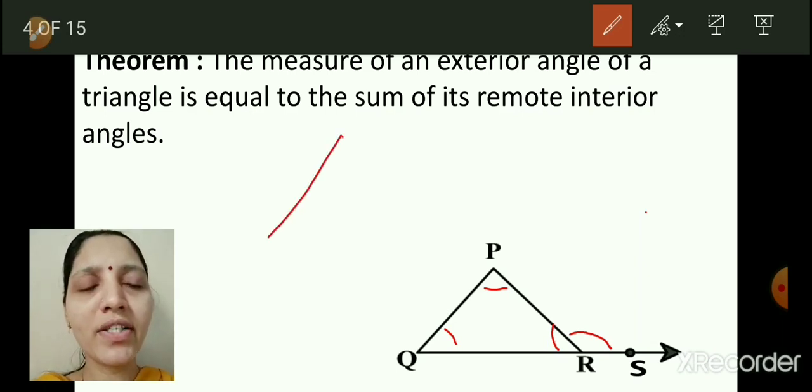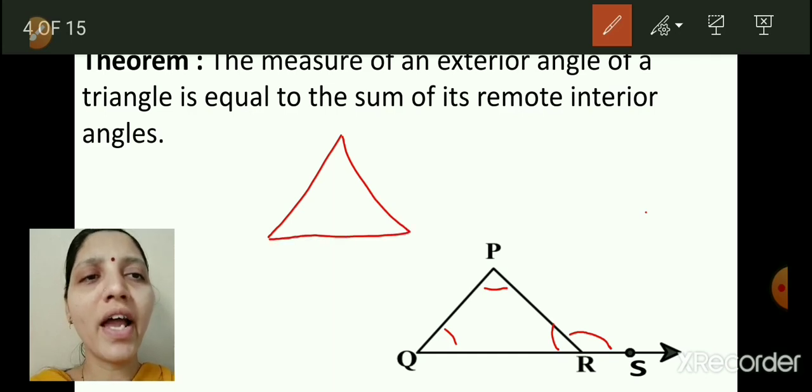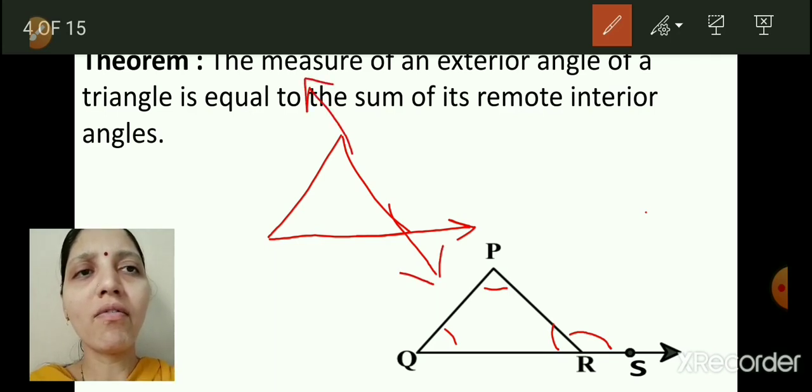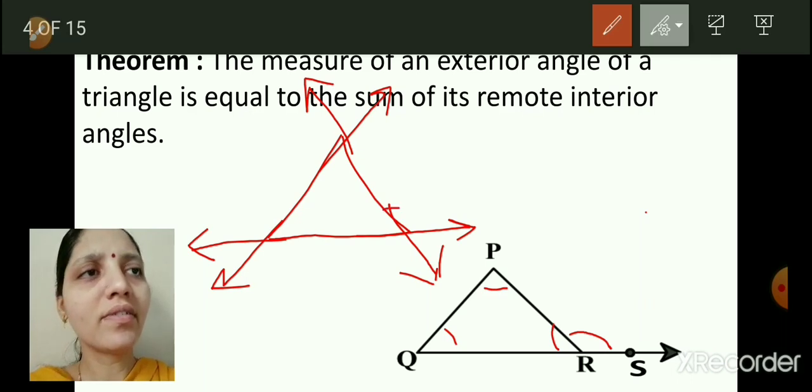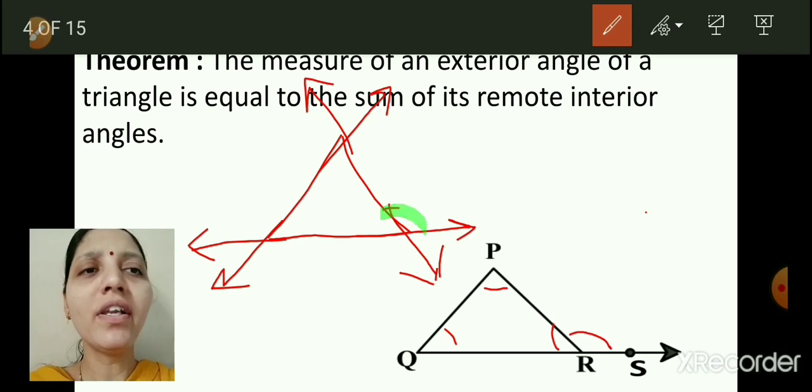Now let's draw a triangle here, and I will extend the sides of this triangle, so these are the extended angles. Now this is one exterior angle, this is another exterior angle formed here.